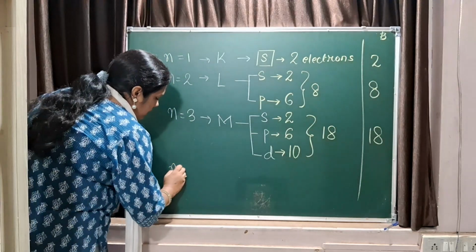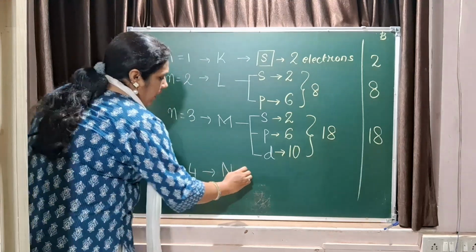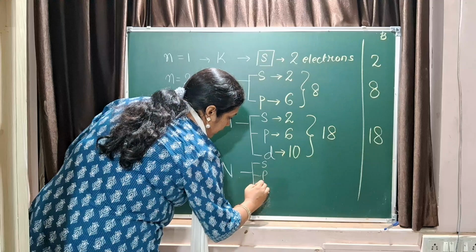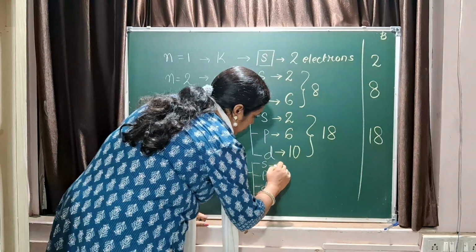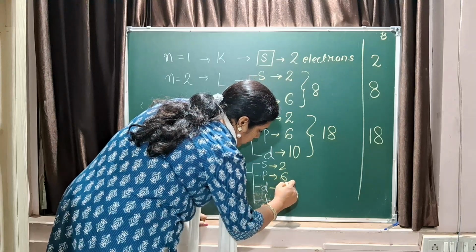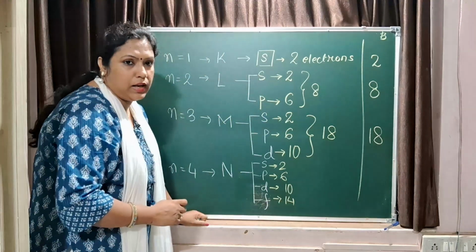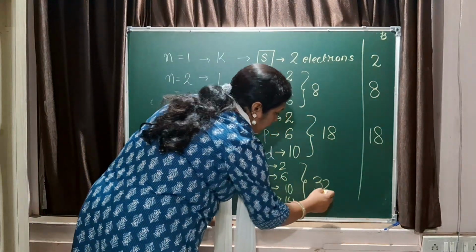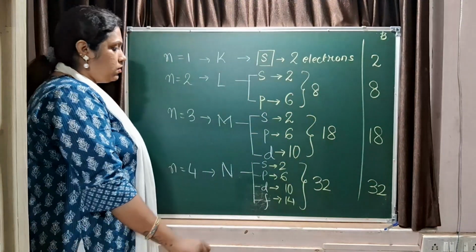Similarly, when n is equal to 4, that is your N shell, it has 4 orbitals, S, P, D and F. S has 2, P has 6, D has 10 and F has 14 electrons capacity, making it 32. That is the same as 2n square, 32.